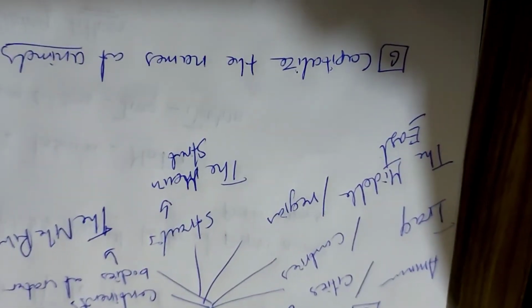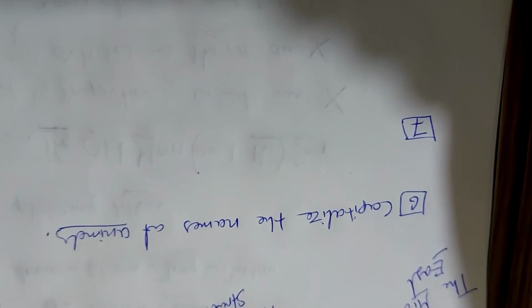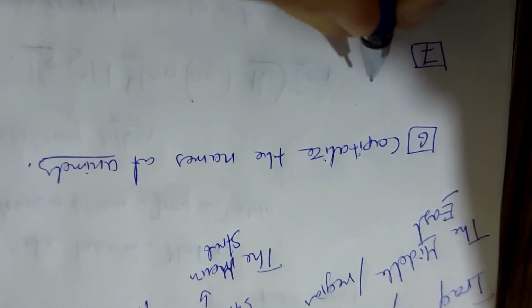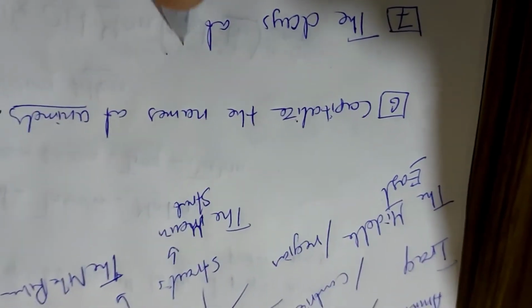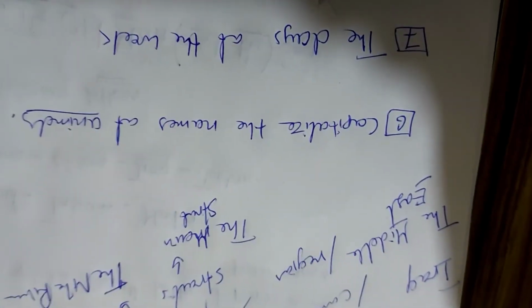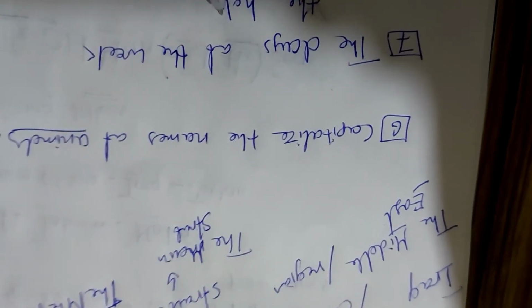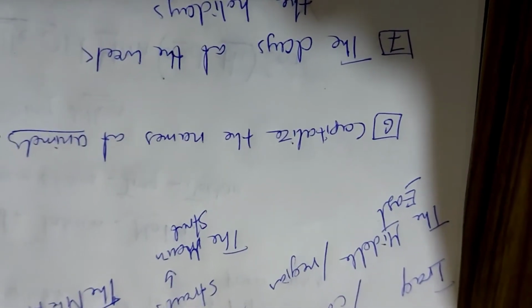Then rule number 7. I'll not give details on the previous point since it is very clear for everyone, so I'll go to something else, that is we must capitalize the days of the week, the names of holidays, and the names of months as well.